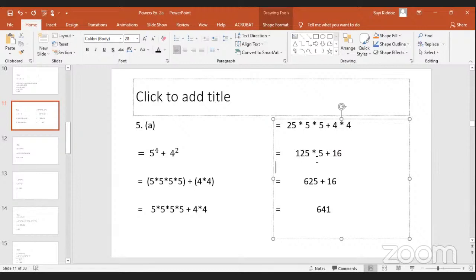So 125 times 5 plus 4 times 4 gives you 16. Bring down back the 16. 125 times 5 gives you 625. 625 plus 16 gives you 641. Right?